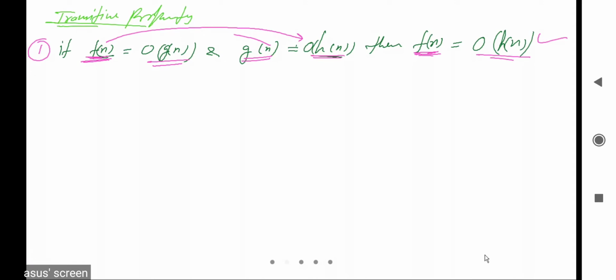So next one is small omega, small o. In case of small o, what will happen? Here it is small o. Will it satisfy this property? Yes. In case of small o, will it satisfy the transitive property?